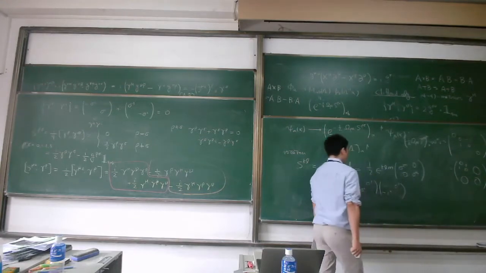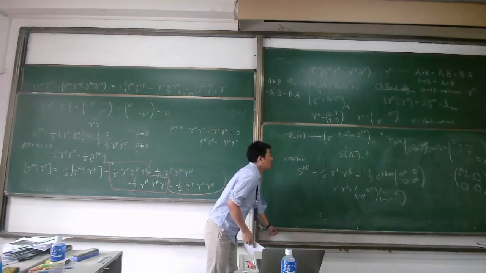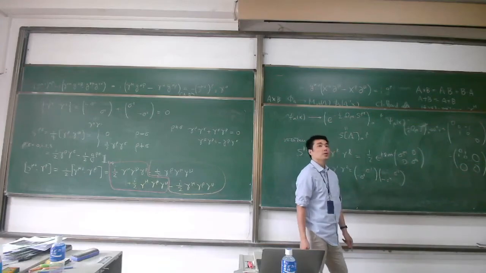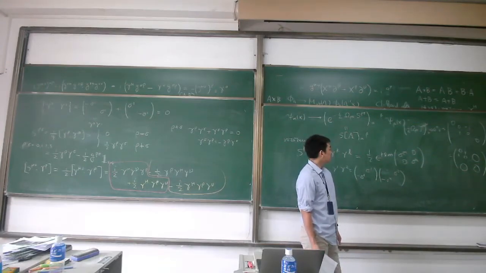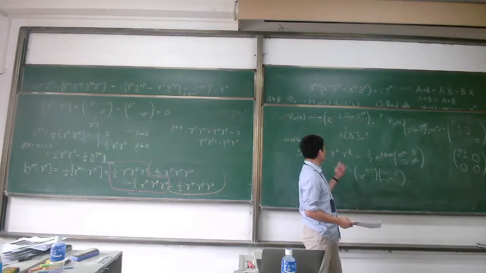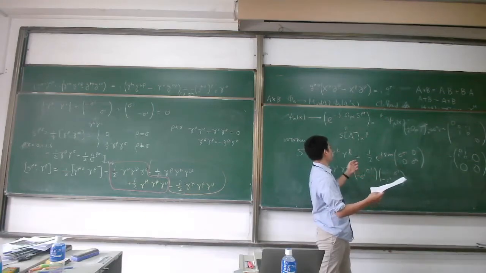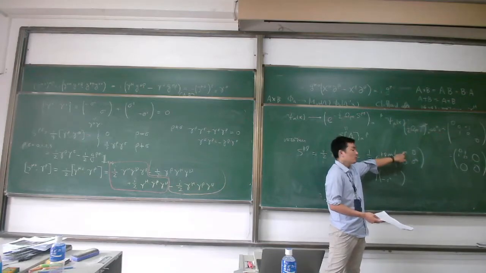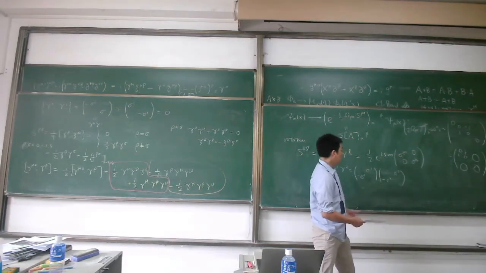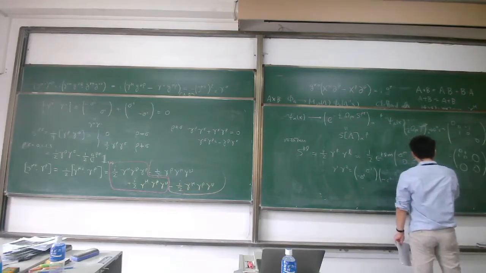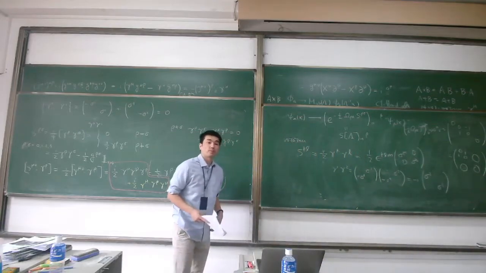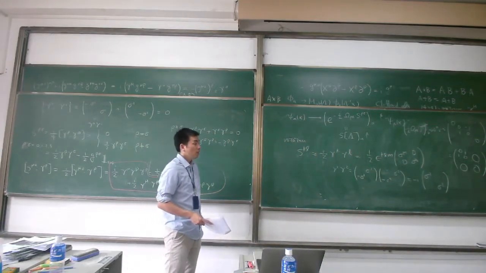And if you multiply them together, gamma 1 times gamma 2 will give you, I think, minus i times sigma 3. So therefore you get minus i times sigma 3, sigma 3. That's super easy to check. That's already what you learned.